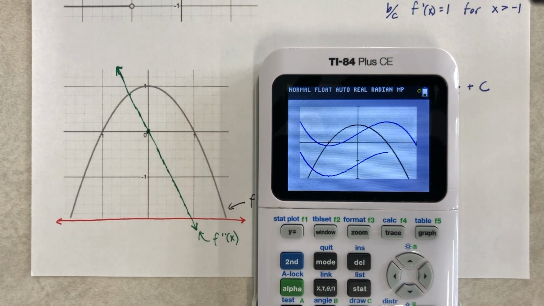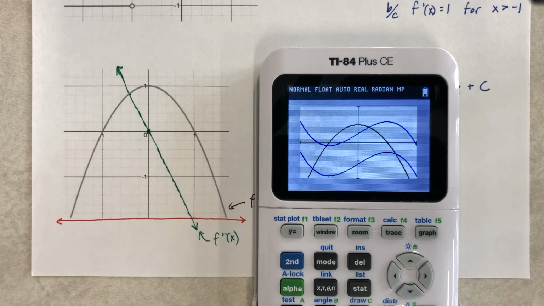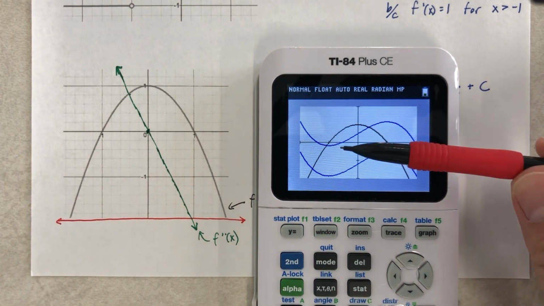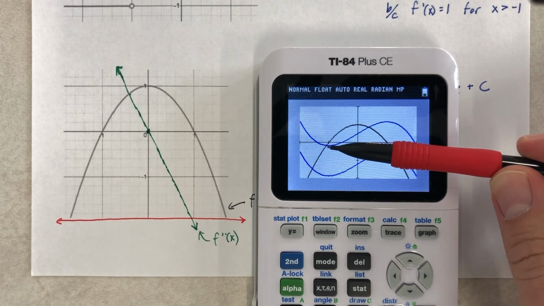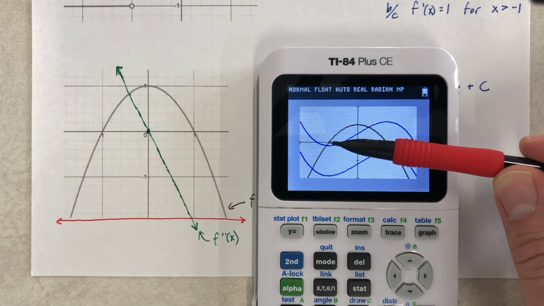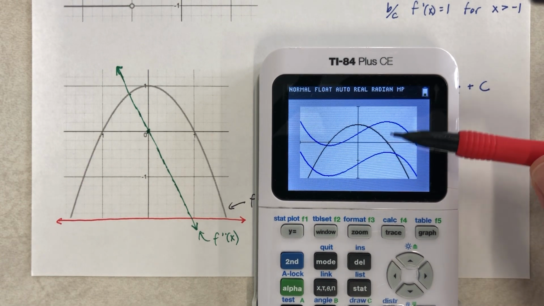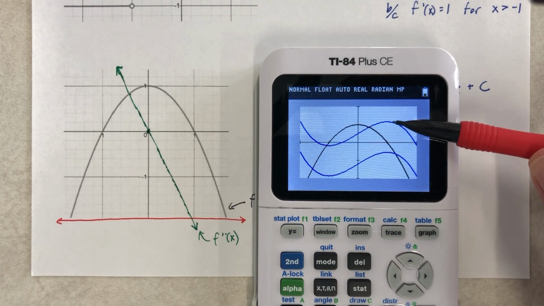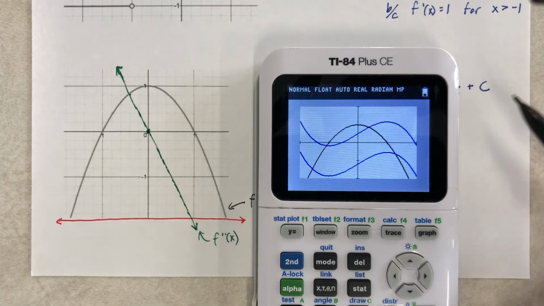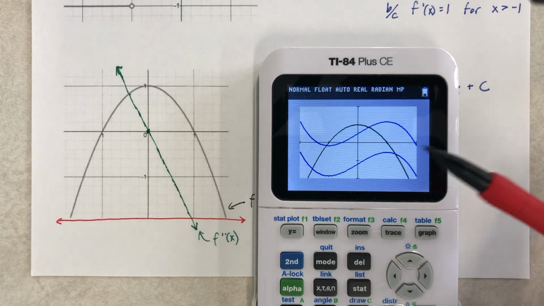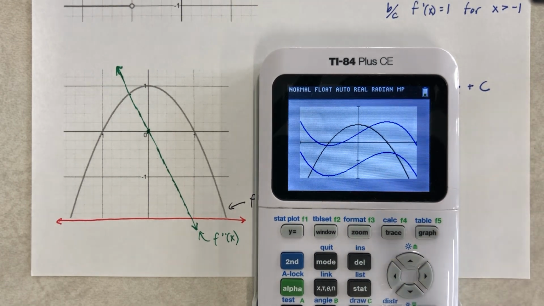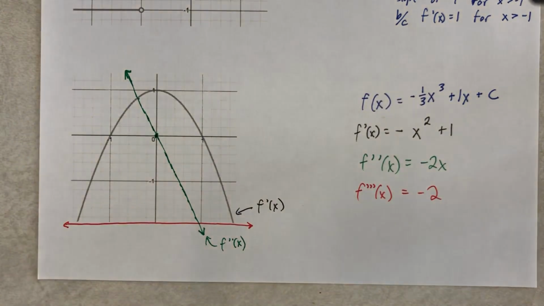But whatever it is, check it out, it has a minimum at x equals -1 and a maximum at x equals +1. Whatever you choose C to be, it's going to be a minimum here and a maximum here. And here is why.